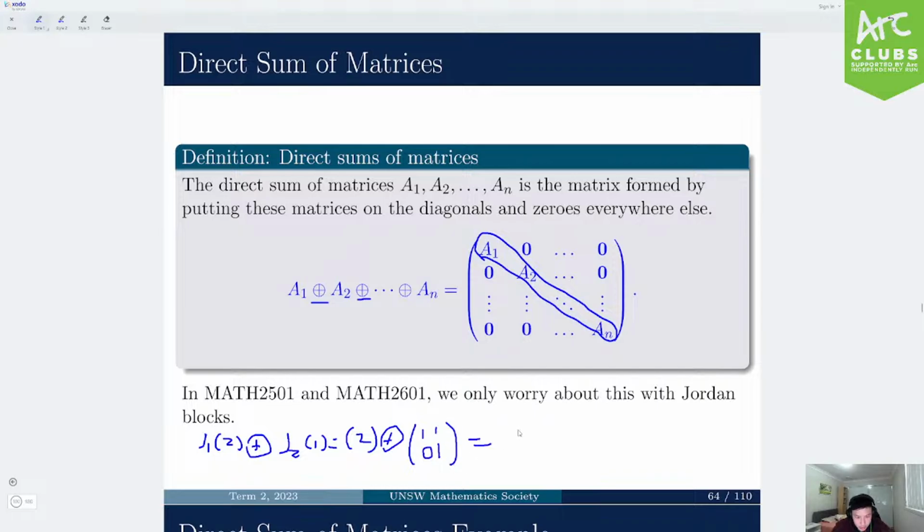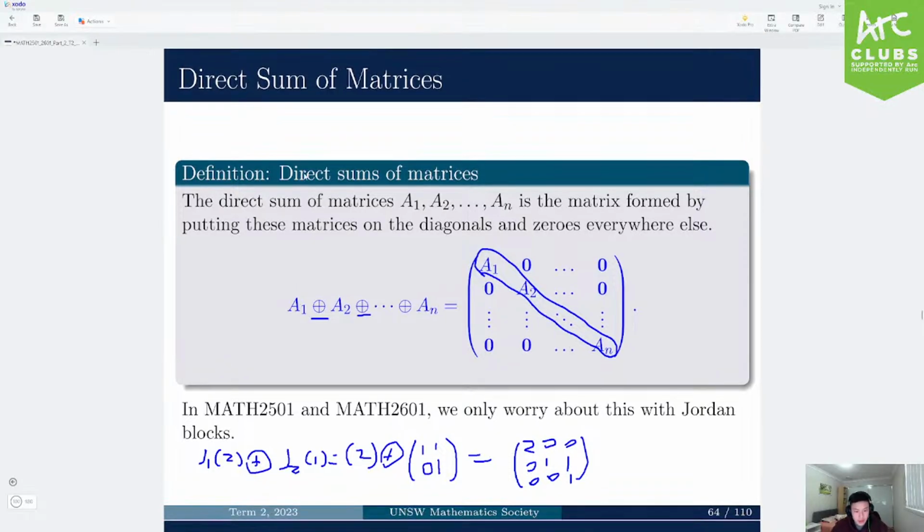What this is going to look like is we chuck the 2 out here, and we chuck the second matrix directly to the bottom right of it, and we pad everything else out with zeros. Okay, so that's what it's going to look like when we have a direct sum of Jordan blocks.